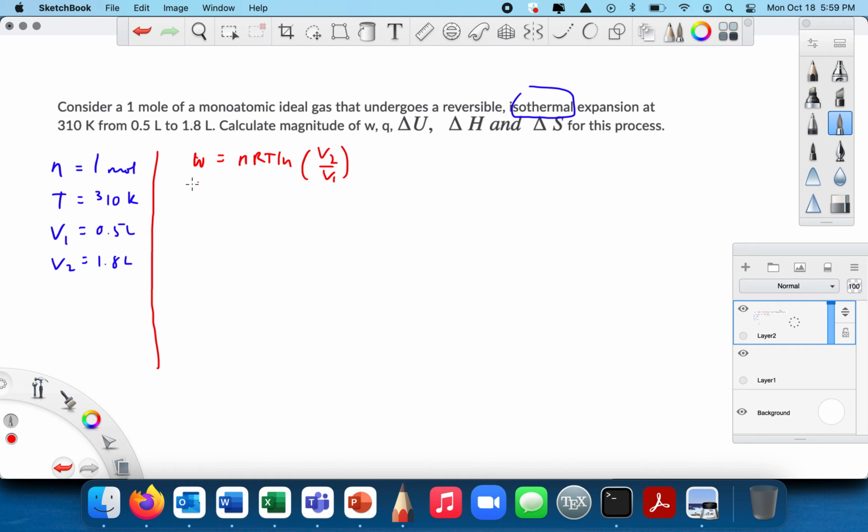So if this is true, well, we know all of these. We have to look up R, the gas constant, which is 8.314, or 8.316, I don't remember.